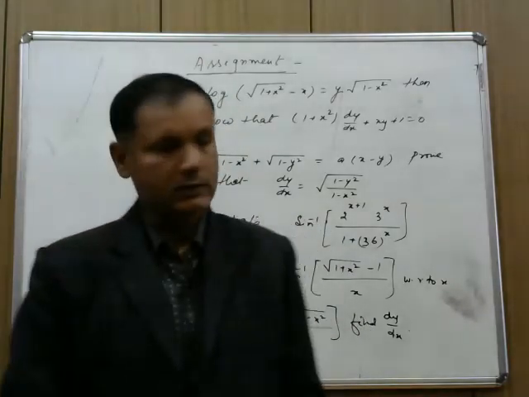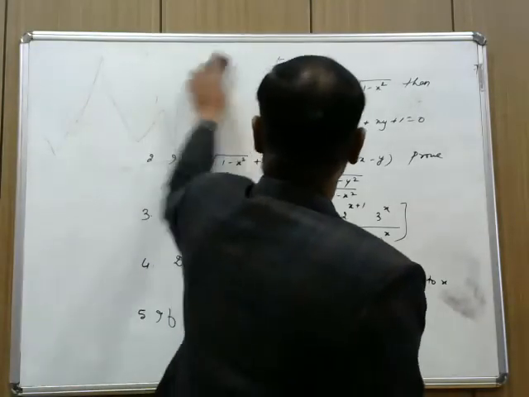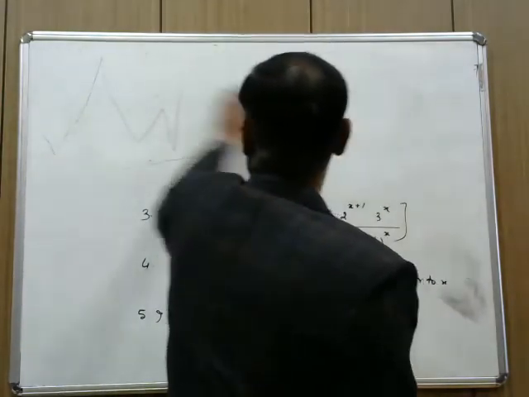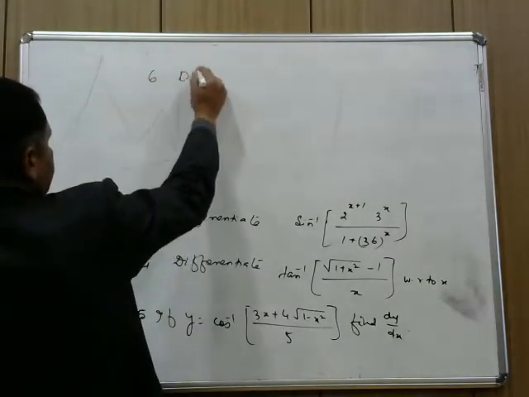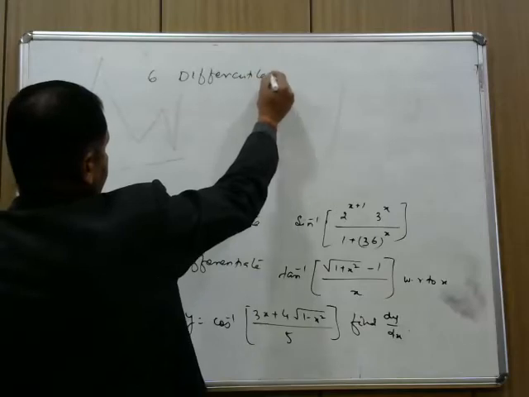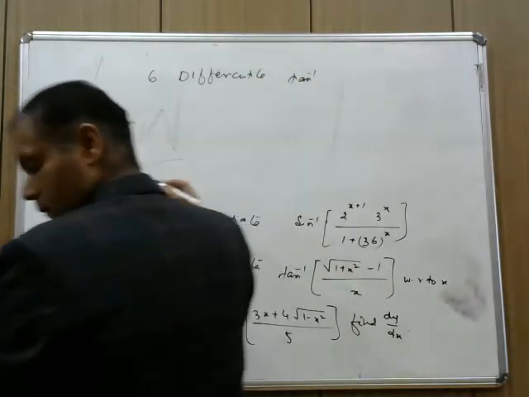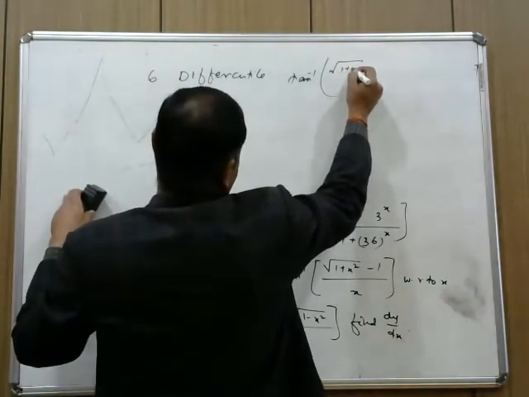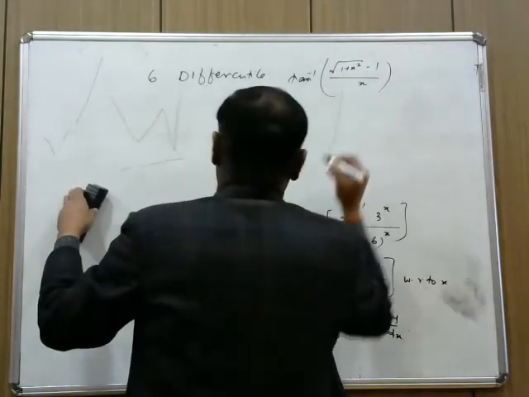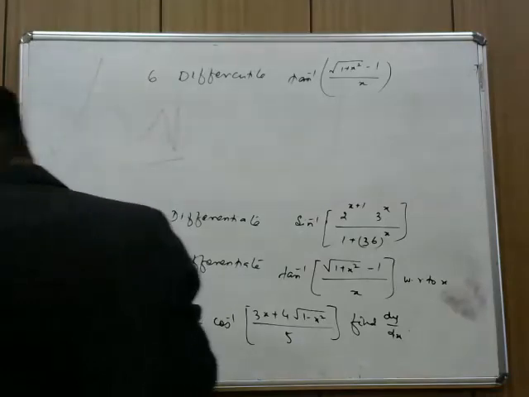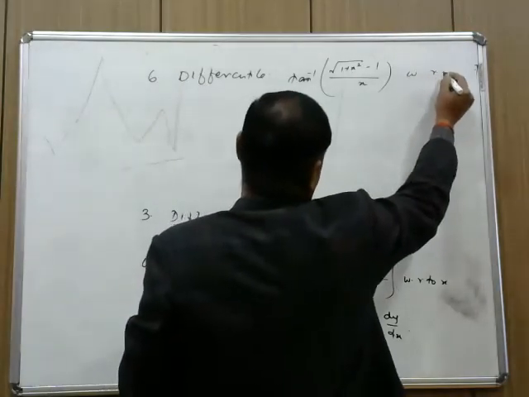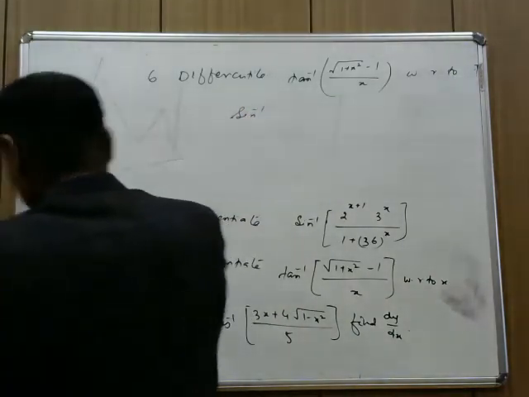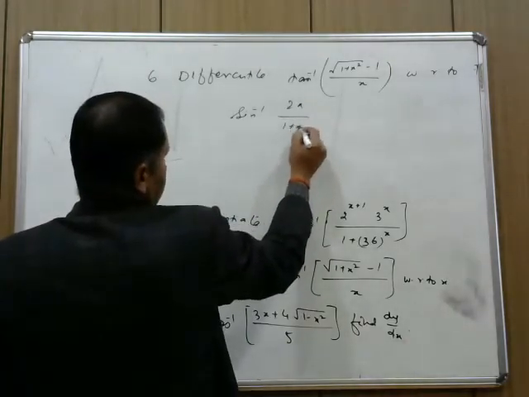And the last question, that is the 6th question: differentiate tan⁻¹ of (√(1+x²) − 1)/x with respect to sin⁻¹ of 2x/(1+x²).